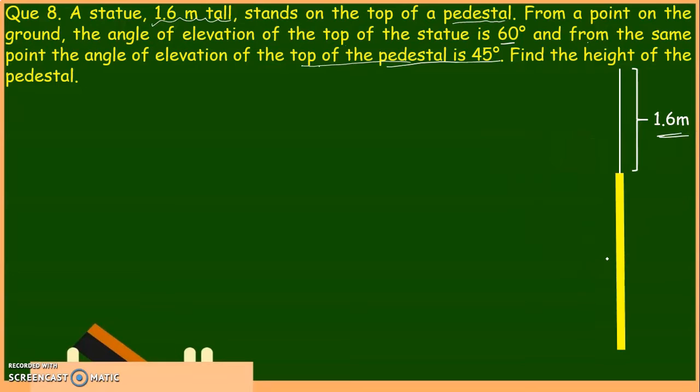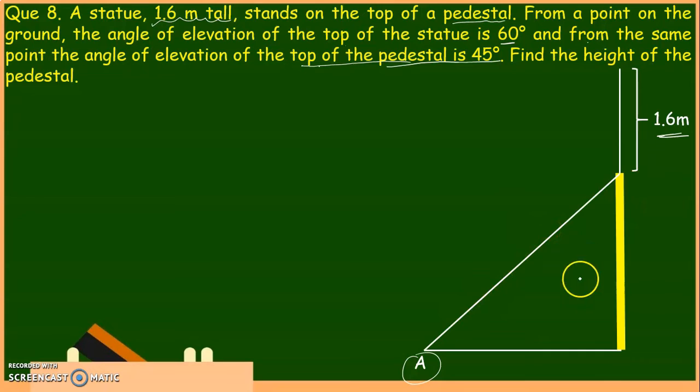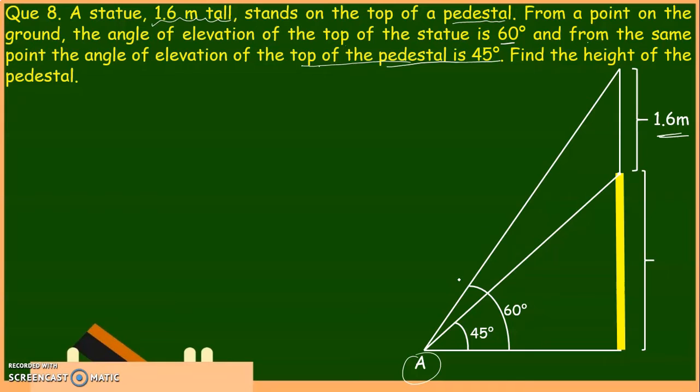From point A on the ground, the angle of elevation of the top of the pedestal is 45 degrees, and the angle of elevation of the top of the statue is 60 degrees. We need to find the height of this pedestal.